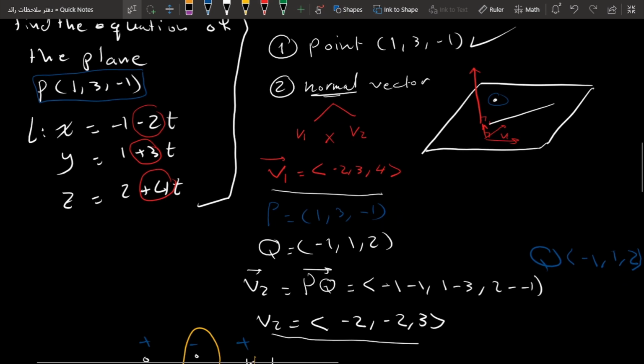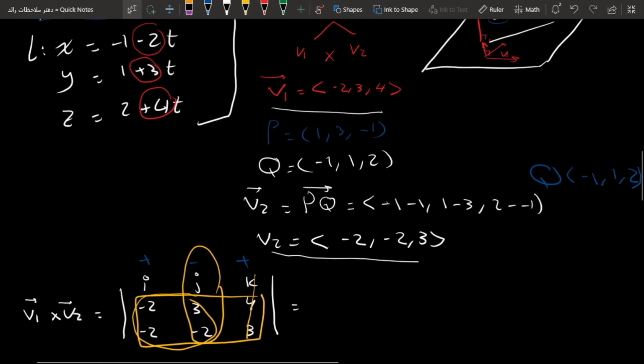So I will choose the point from the question, والpoint اللي هي هيها موجودة 1, 3, -1.